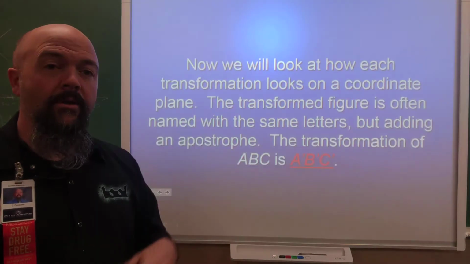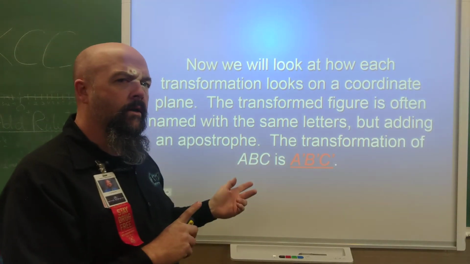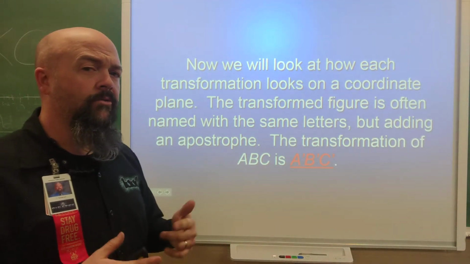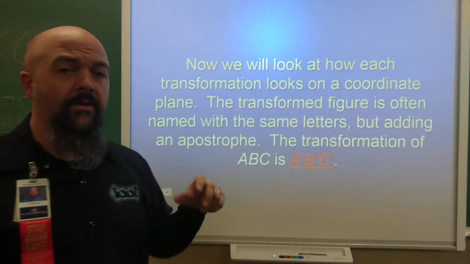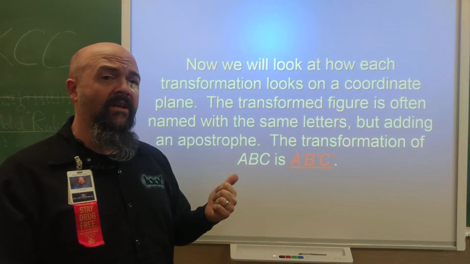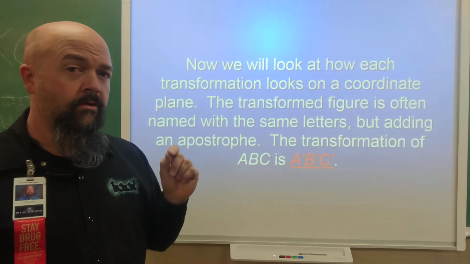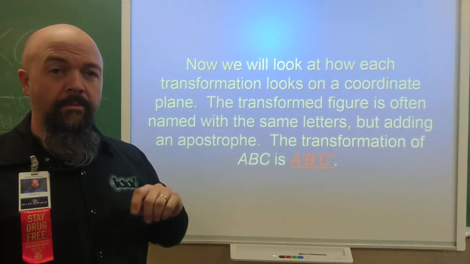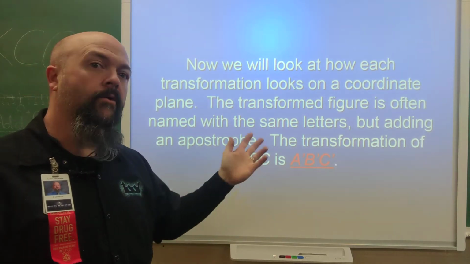Now, a reminder: when we talk about any kind of transformation, proper notation requires an apostrophe next to the name of each point. So as triangle ABC does any kind of transformation, it would become triangle A' B' C', for each point, right? Okay, just a reminder on that.